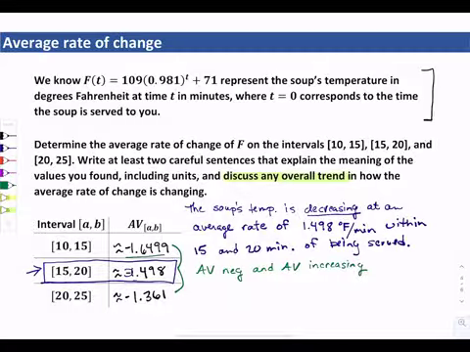These values are getting less negative. So we've seen previously that if the average rate of change is negative and the average rate of change is increasing, that tells us that the function f of t is decreasing slower.